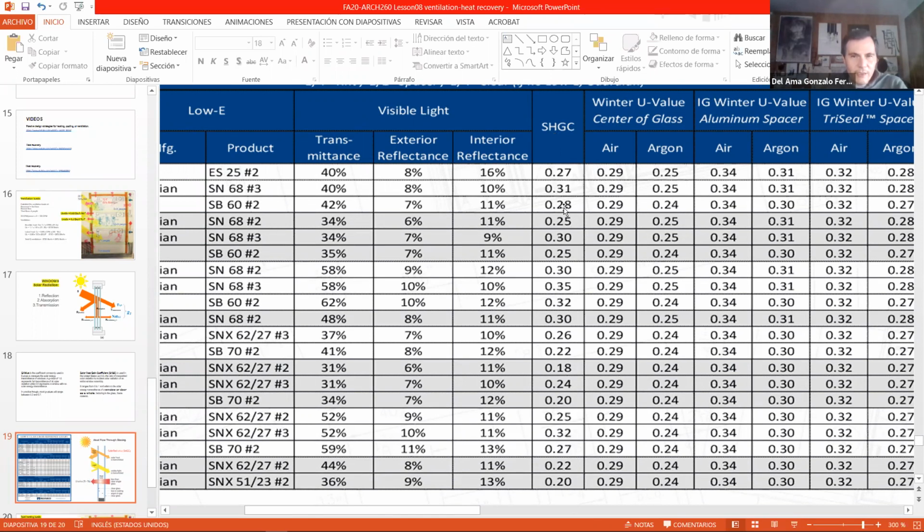And then we have the U value, either with air or argon. Usually we have to use argon because the U value is lower. For the same glass, this is 0.29, this is 0.25. When we are using argon, the U value is better.